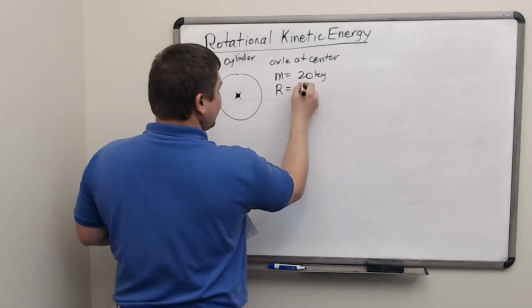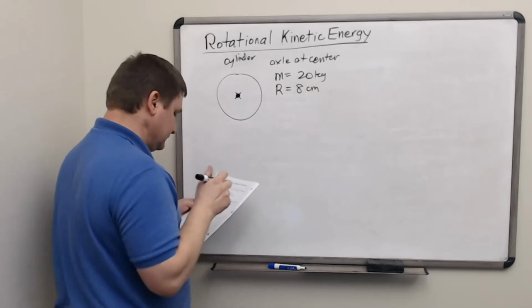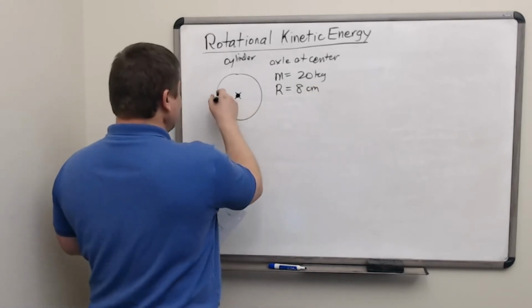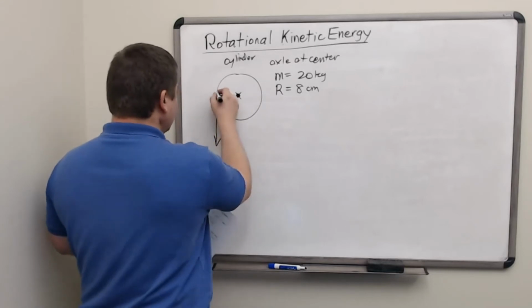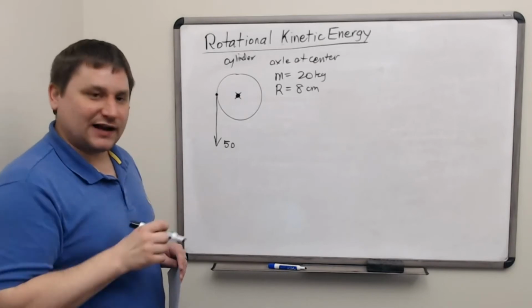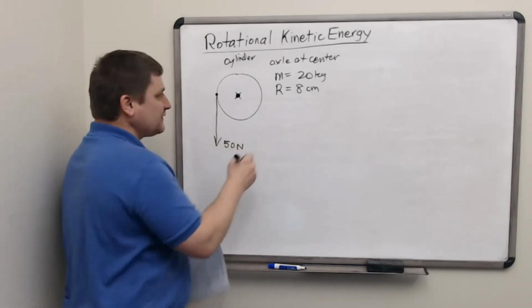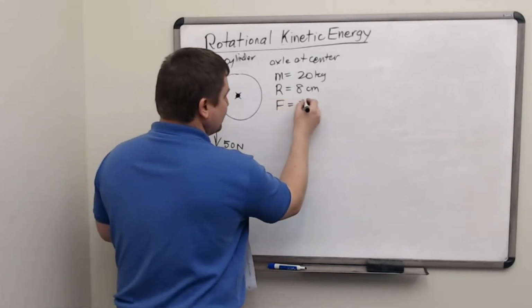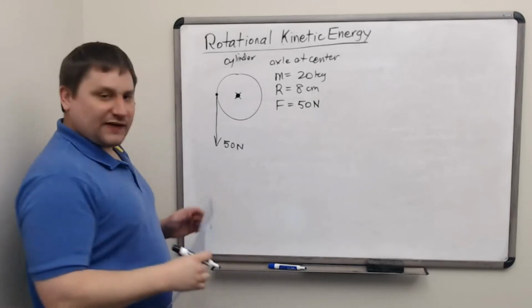The radius of this cylinder, 8 centimeters. And I'm going to specify that there's a force applied to this cylinder at the left by a string which is wrapped around the outside of the cylinder at a radius r. That force has a magnitude of 50 newtons. So that's the situation.